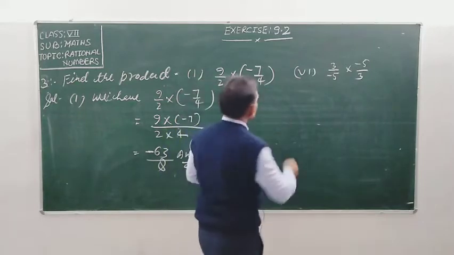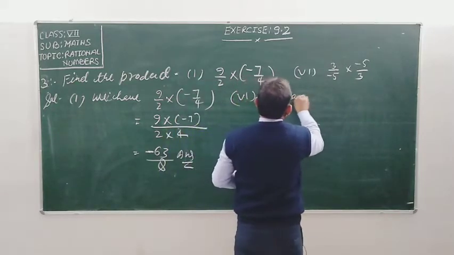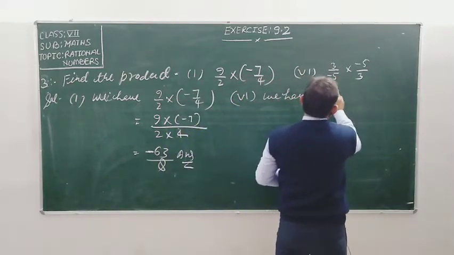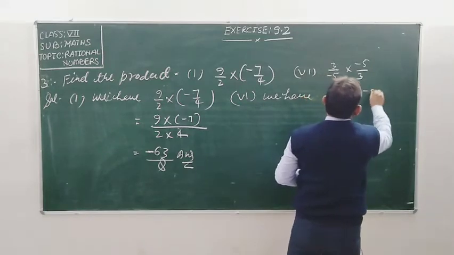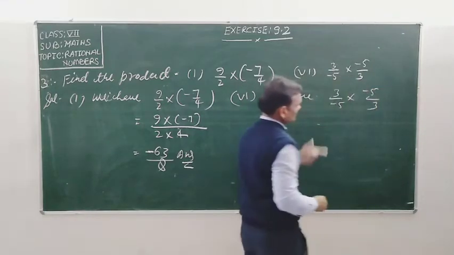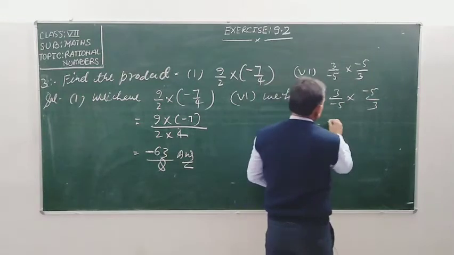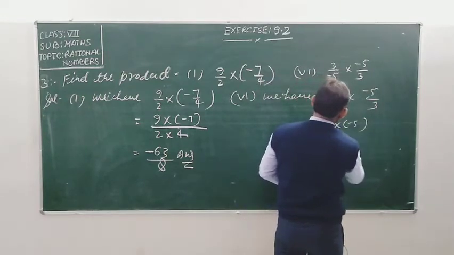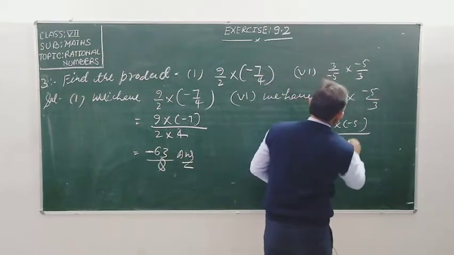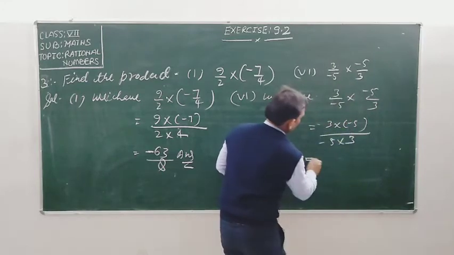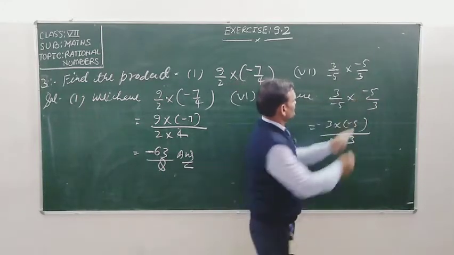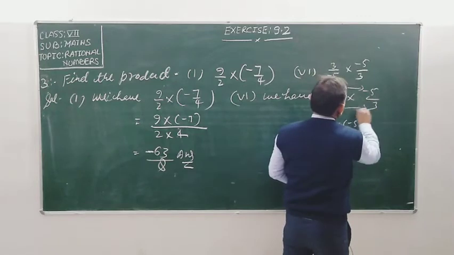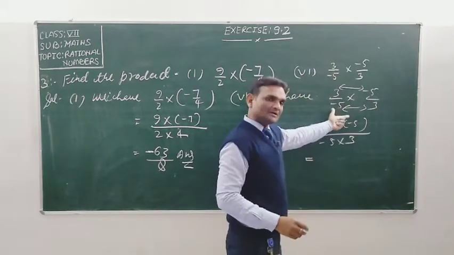Now come to the last part, student. Sixth part is we have 3 upon minus 5 into minus 5 upon 3. So student, 3 into minus 5 upon minus 5 into 3, like this, numerator to numerator, denominator to denominator, we multiply.